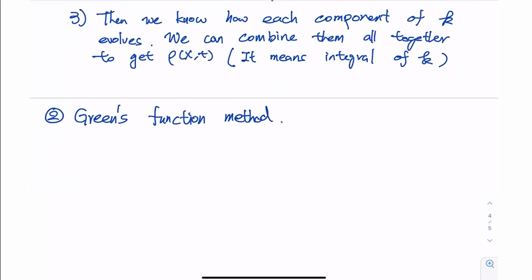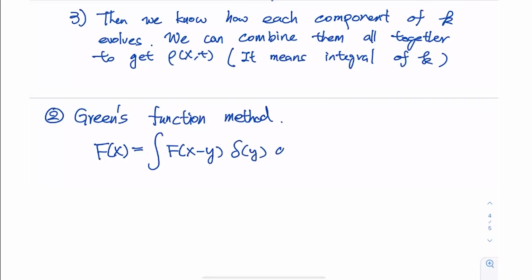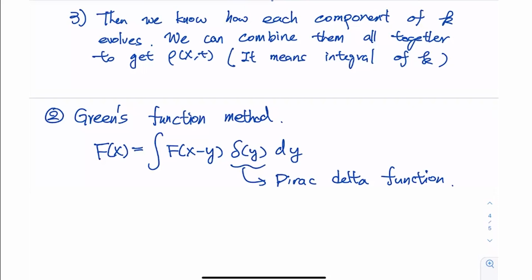The idea of why the Green's function method is useful is because it is basically based on one expression. Okay, so this is the identity or the definition of a Dirac delta function.